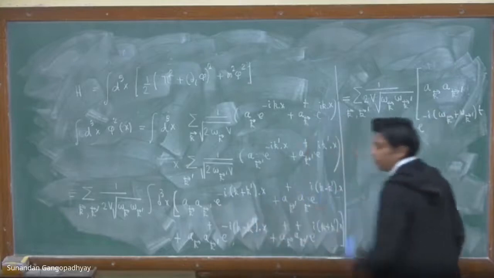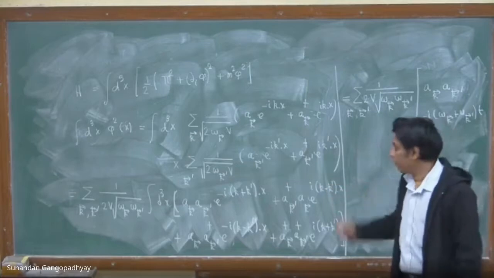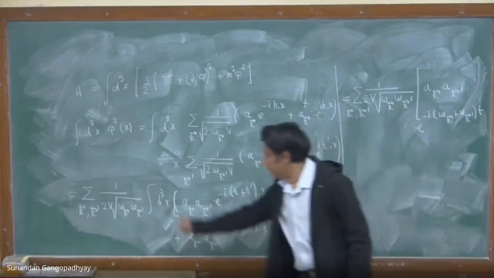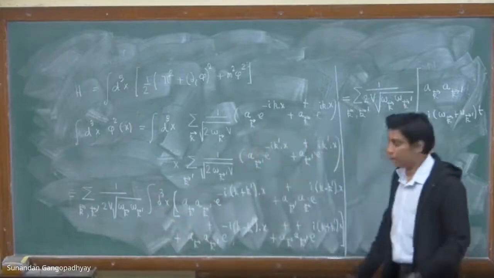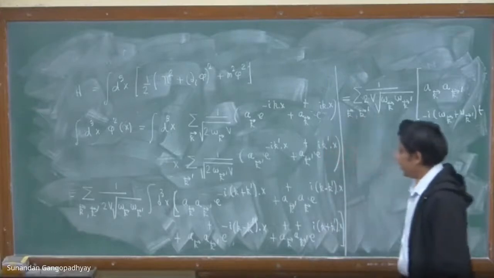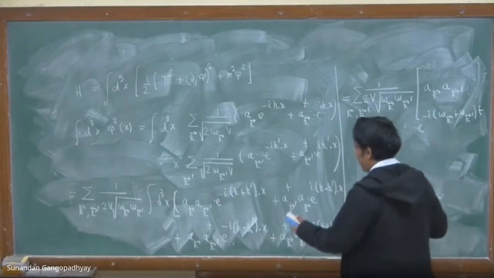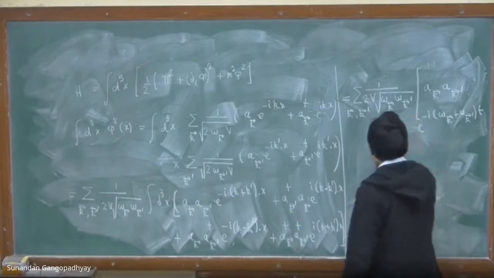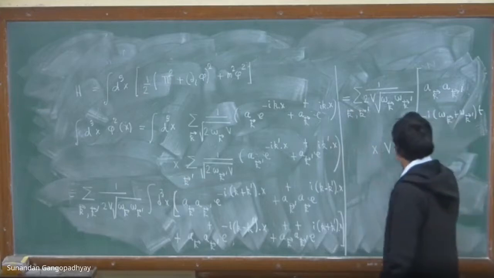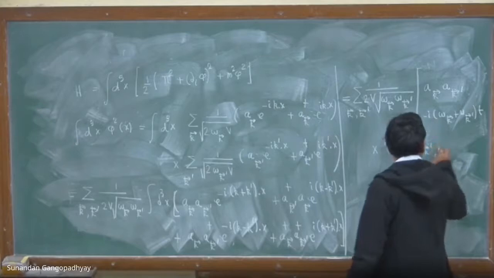So this gives this factor, and then you have the three momentum part and the three vector part, and that is integrated over the three volume, the cube, taking the spatial volume. And if you do that integration, we know the answer for that integral, that will give us a volume factor V times a Kronecker delta k plus k prime comma 0.